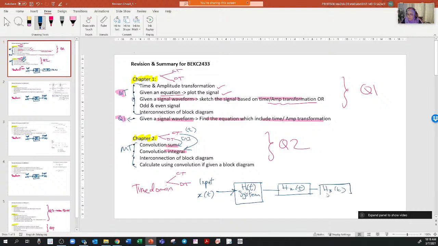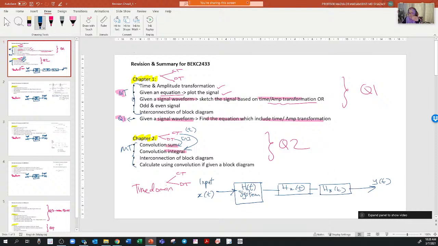So if you see here, you have the y(t) at the end. H1(t) is also a system, H2(t) is also a system, and H3(t) is also a system. Imagine that a system is comprised of an electrical circuit, mechanical circuit. Later on, when you are in third year, you will learn about electromechanical systems.